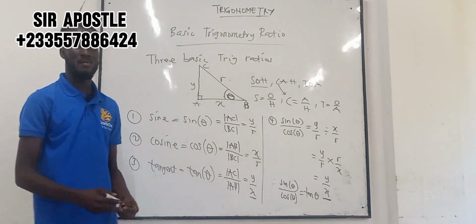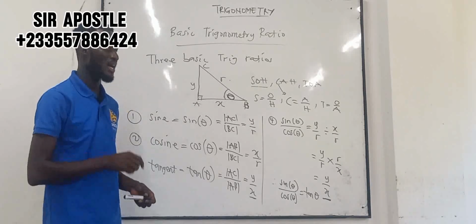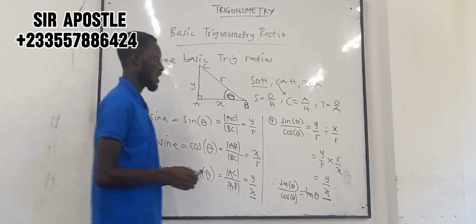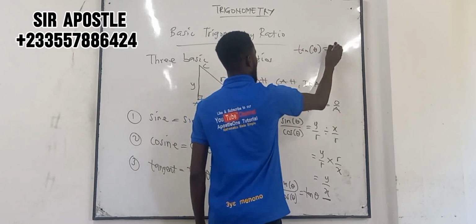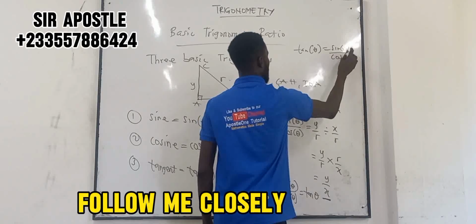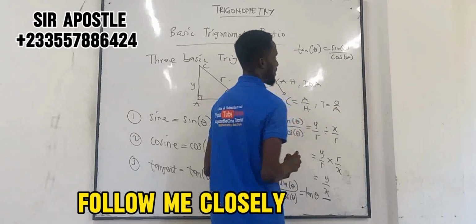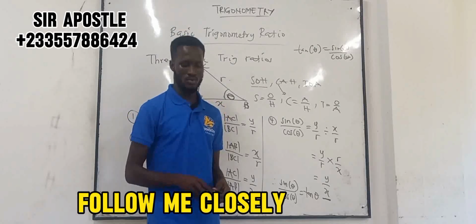And that is another formula for tan theta. Anytime you see tan theta, it is the same as sine theta over cos theta. I will teach you how to use this very well.